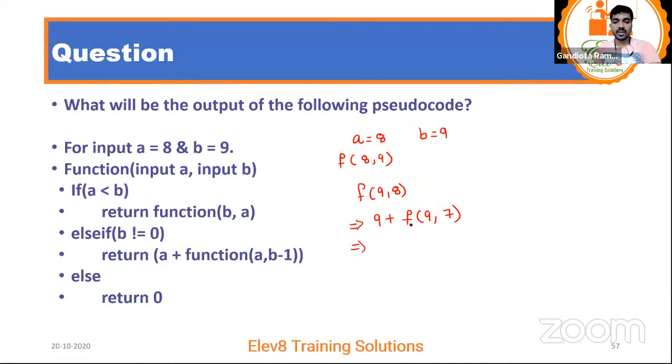Again, the next time you call this function, 9 plus function of 9 comma 7, the condition is false, then you come to here, B is not equal to 0. Yes, condition true. Again it goes to 9 comma 6.